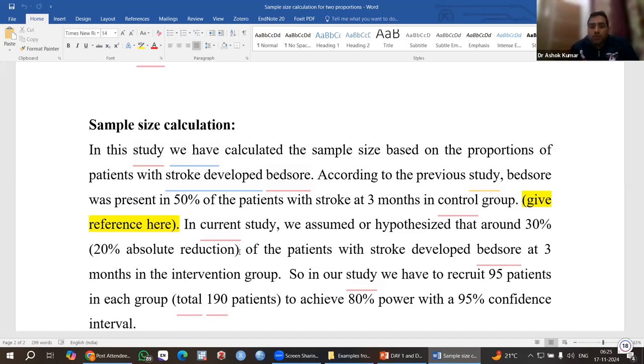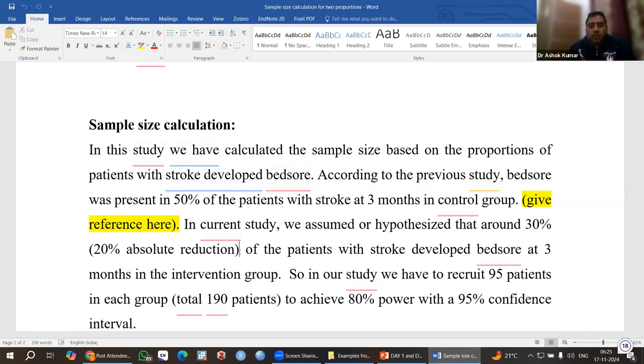We don't want the prevalence of bed sore higher in the experimental group, because bed sore is a negative thing, so we want to reduce it. Pain is also a negative thing. Pain yes, pain no. In the control group, for example, 60% of the patients have pain, according to a previous study, due to any condition.